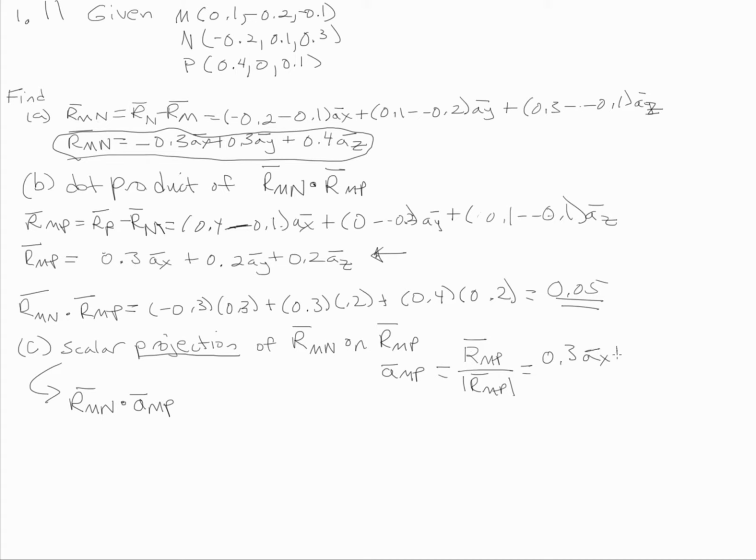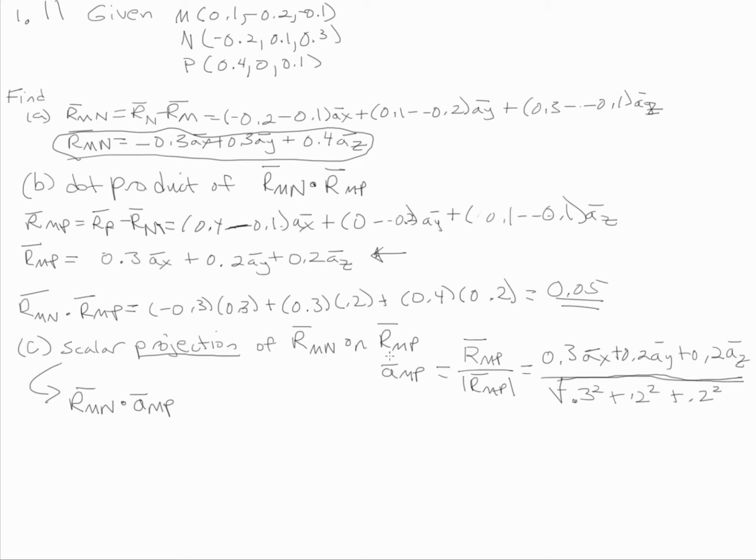0.3 Ax plus 0.2 Ay plus 0.2 Az. And all of this divided by the magnitude, which is the square root of 0.3 squared plus 0.2 squared plus 0.2 squared.